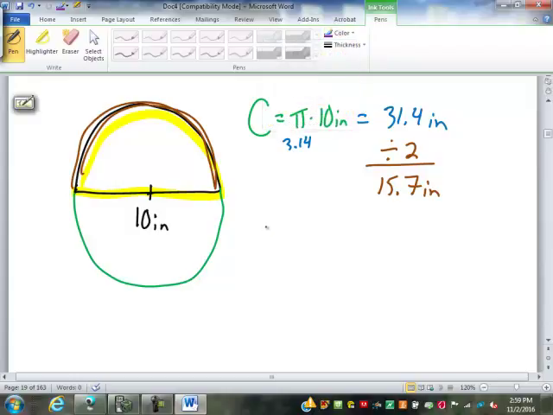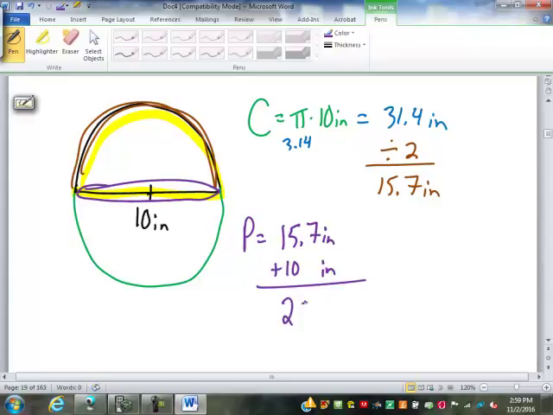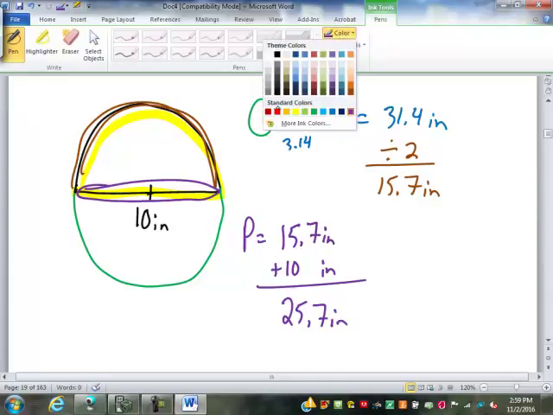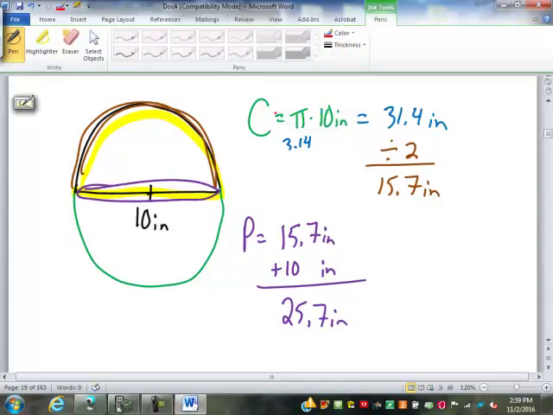So now to get the full perimeter, we've got that 15.7 inches, but we still have to put in this 10 inches across here. So it's 25.7 inches. Now, I didn't ask you guys to do it to the nearest eighth, but let's do that.